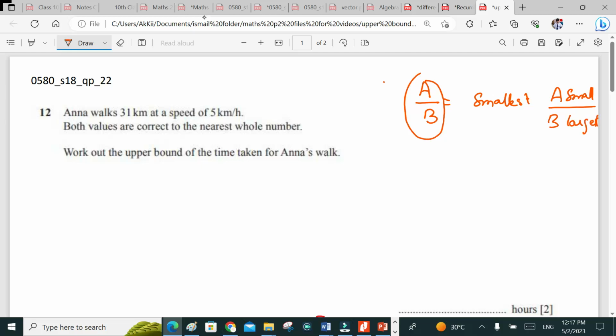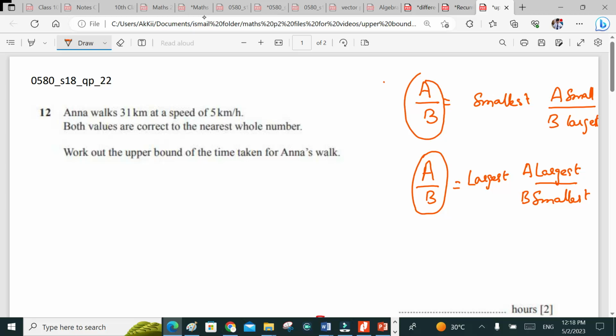This is a little fact about fractions. Similarly, if you want to find the largest answer, A must be taken as the largest and B must be taken as the smallest.